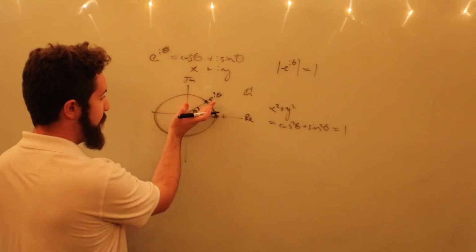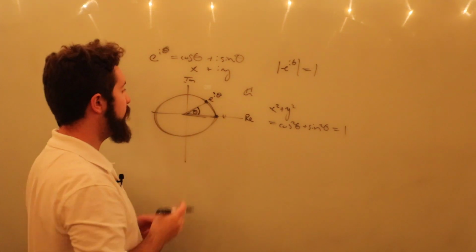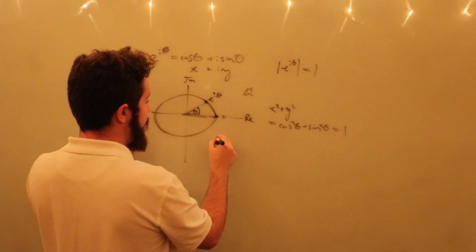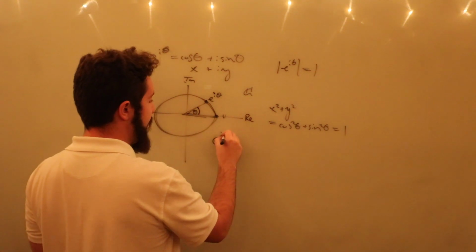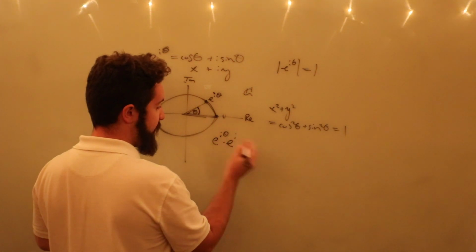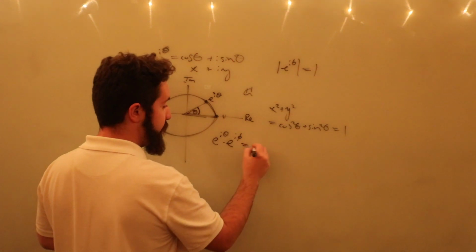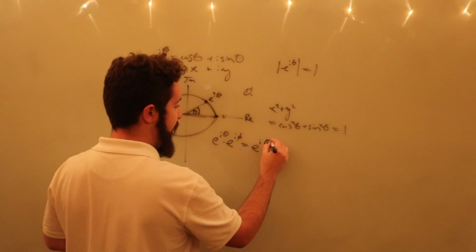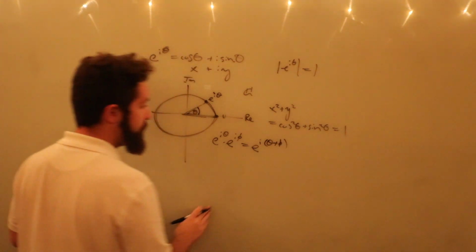And in fact, because rotations have this wonderful property that you can follow them up, so that e to the i theta, and then rotate after that times e to the i phi is equal to, again, a wonderful property of the exponential function, e to the i times theta plus phi.